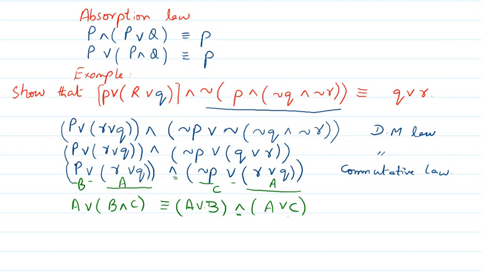Applying the distributive law in reverse order, A basically is R and Q, which is ORed with B and C. B in this case is P, and the operator came as AND. C in this case is not of P. So this equation is in fact equivalent to this equation. Do think over it and try to understand it.